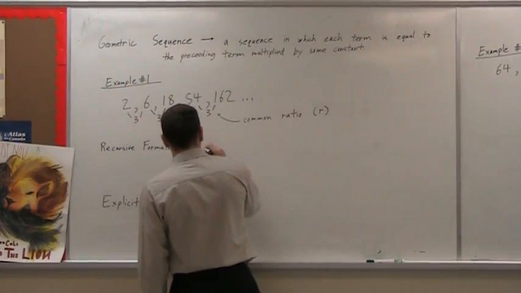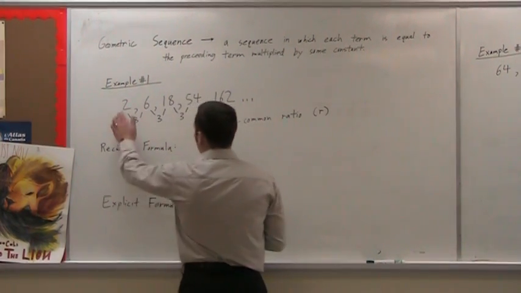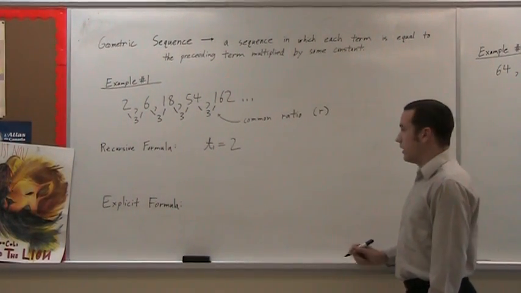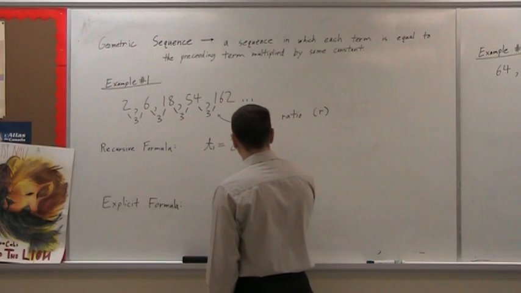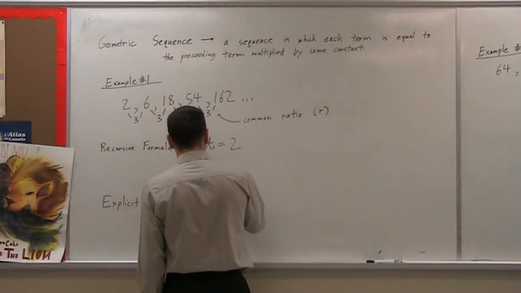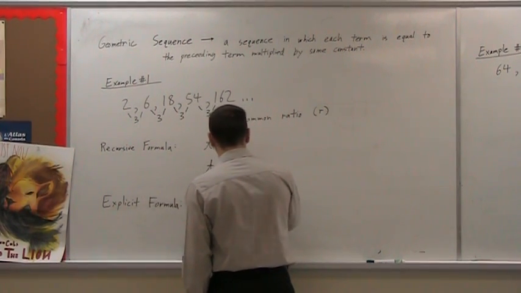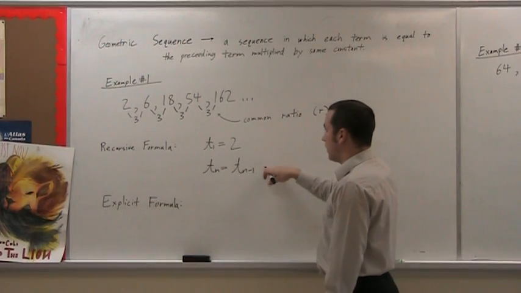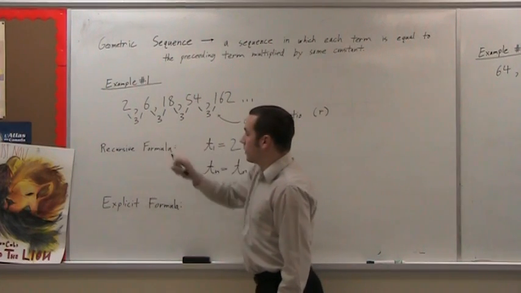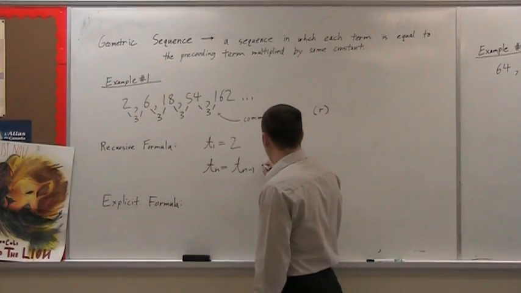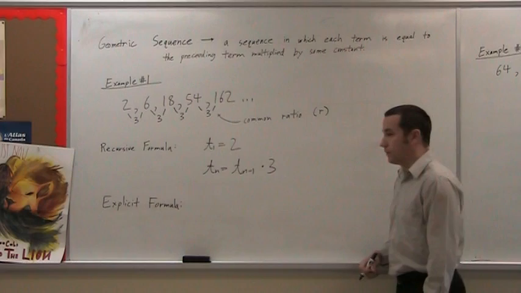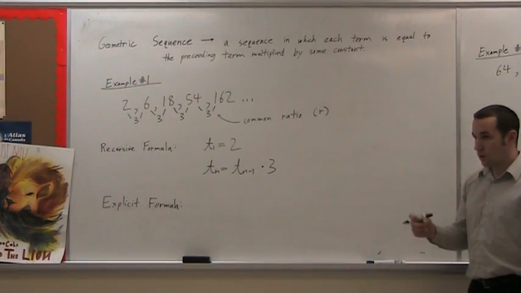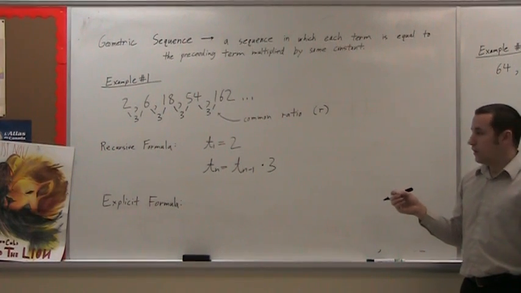In this case, T1 is equal to 2. Now, to get any successive term, Tn is equal to that previous term. This time, instead of adding a certain amount, we're multiplying by a certain amount each time. So you're taking the previous term and multiplying it by 3. And so there it is, a recursive formula. Not much different than an arithmetic one.